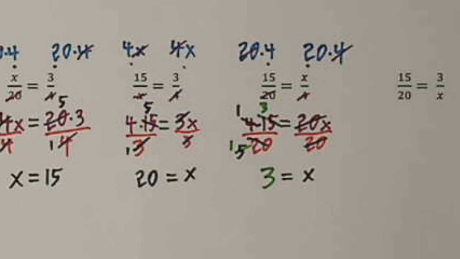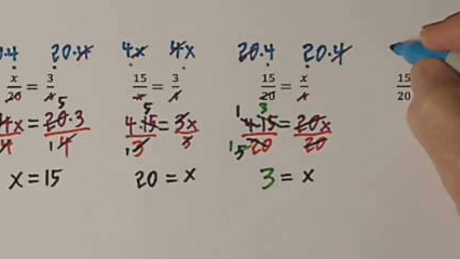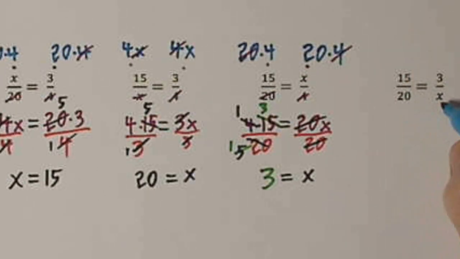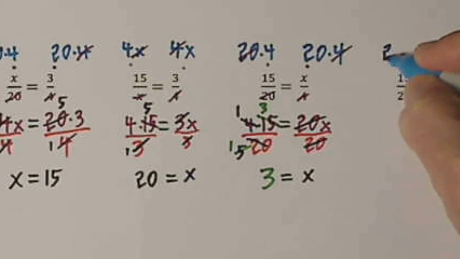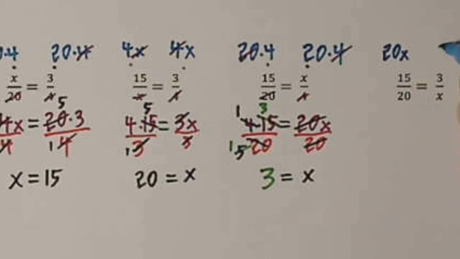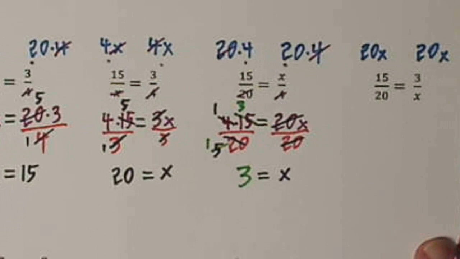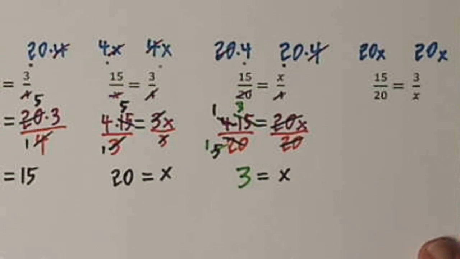And then finally on our last one, our common denominator, in this case the least common denominator, is 20 times x. So here's 20x, 20x, and the whole reason we're doing this is to get rid of our denominators.